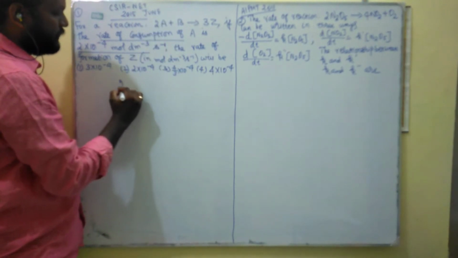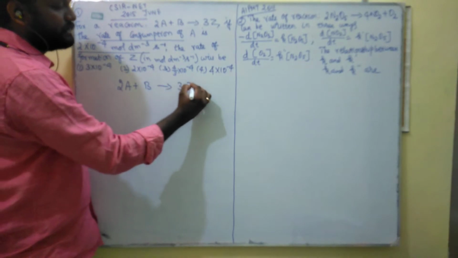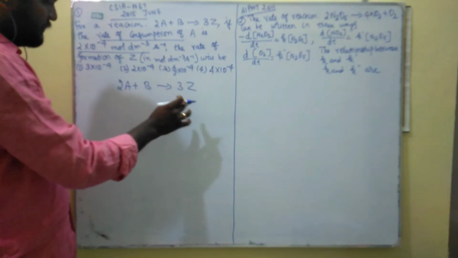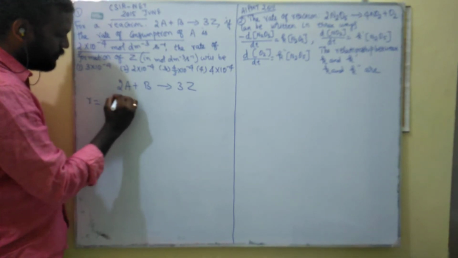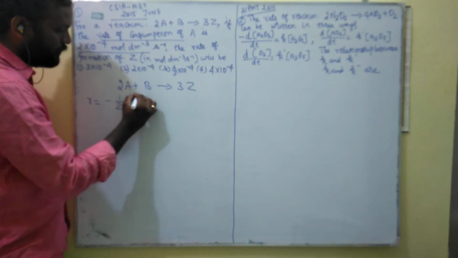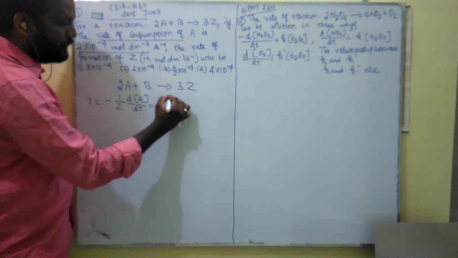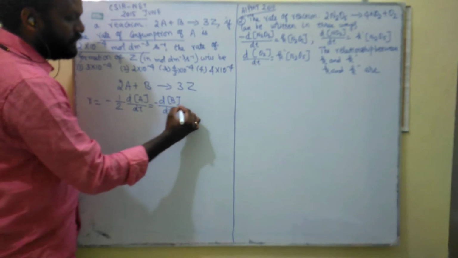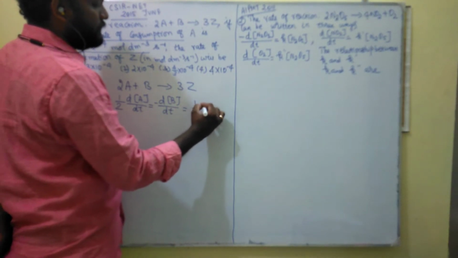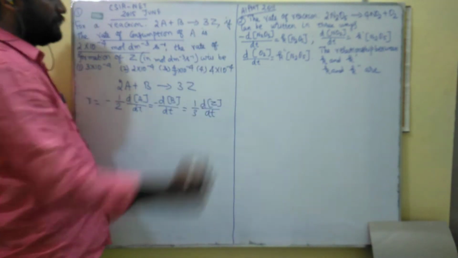For the given reaction 2A plus B gives 3Z, rate is equal to minus 1 by 2 dA by dt is equal to minus d concentration of B by dt is equal to 1 by 3 change in concentration of Z with respect to change in time. Right.